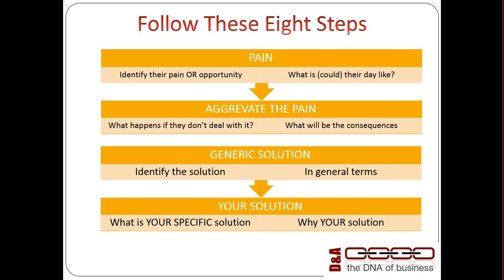And then present them with a solution, but present them with the generic solution. If you're selling vitamins, the generic solution would be to say, well, vitamin C, this is what you want to be taking this time of the year. Lots of vitamin C. Offer some facts around why they should be doing that, but talk in general terms and a generic solution.